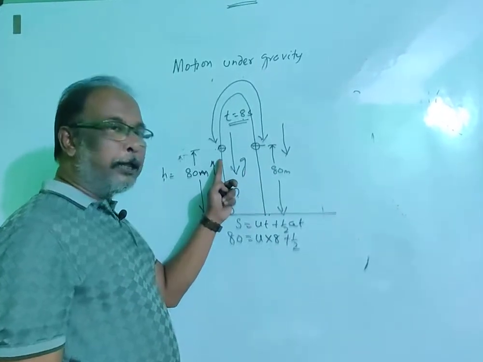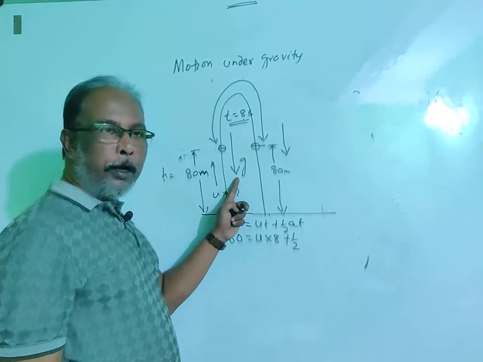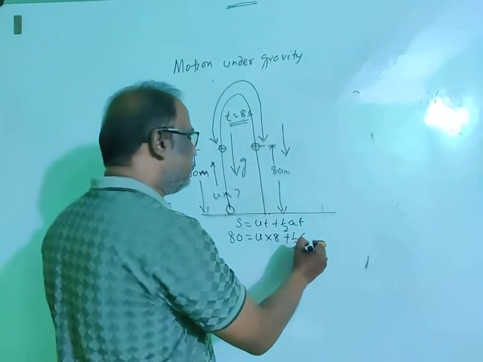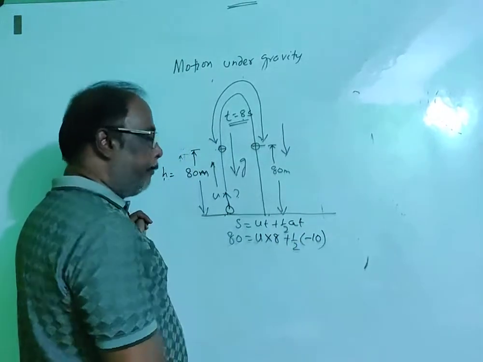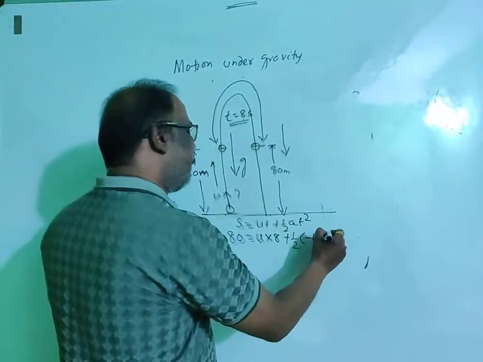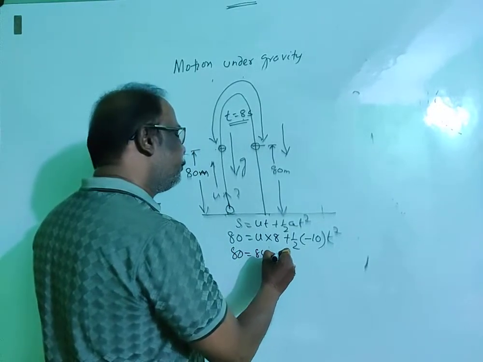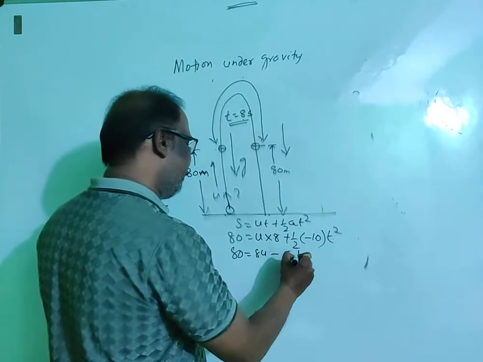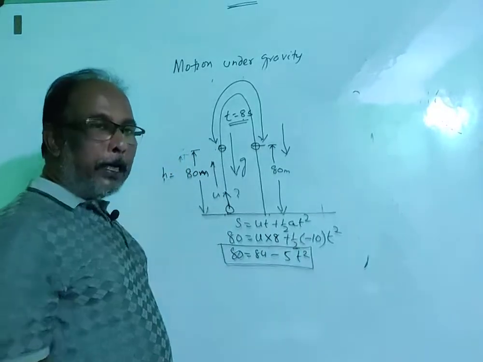So initial direction is positive and opposite to the initial direction is negative as per our convention. So you may take minus g, means minus 10, t square. So 80 is equal to 8u minus 5t square. This is our equation. You can solve now.